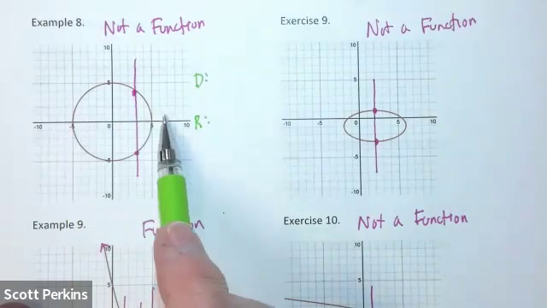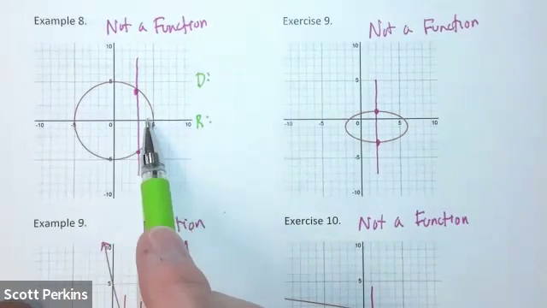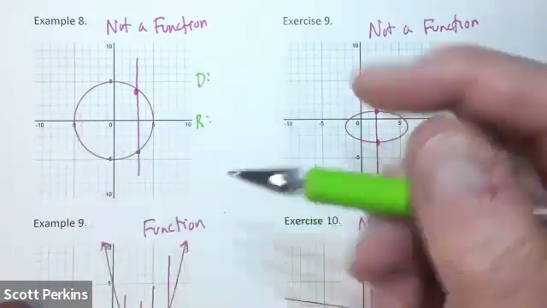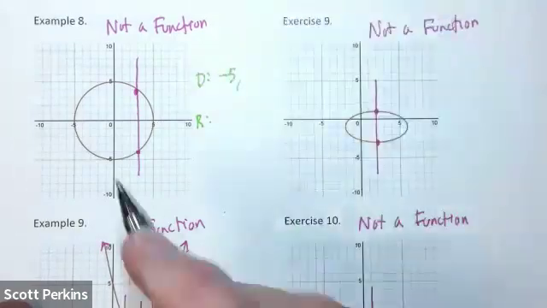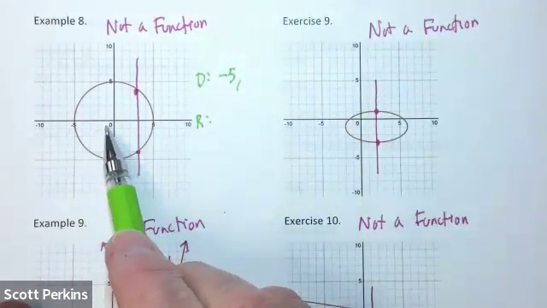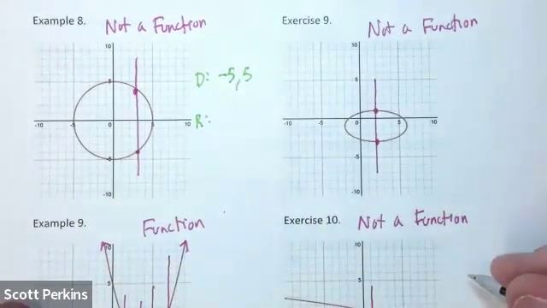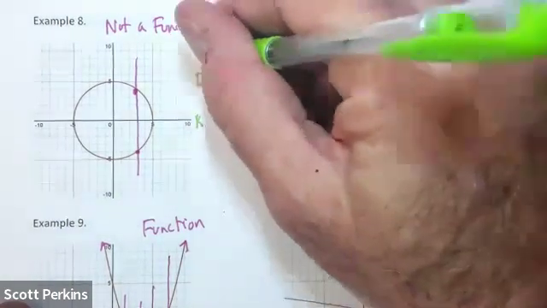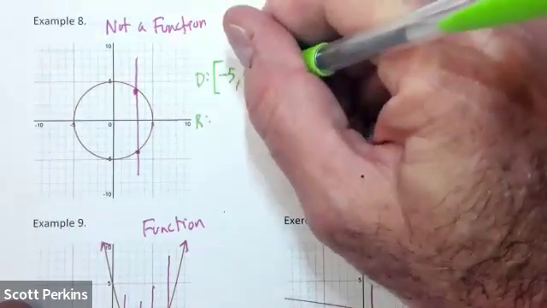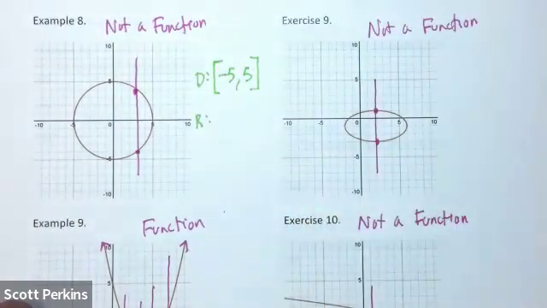What's the lowest x value that I come to when I go to the left? -5. What is the largest x value I hit as I go to the right? 5. And since the graph goes through both of those points, I'm going to put a bracket at both those points to indicate equality. Those points are part of the graph.